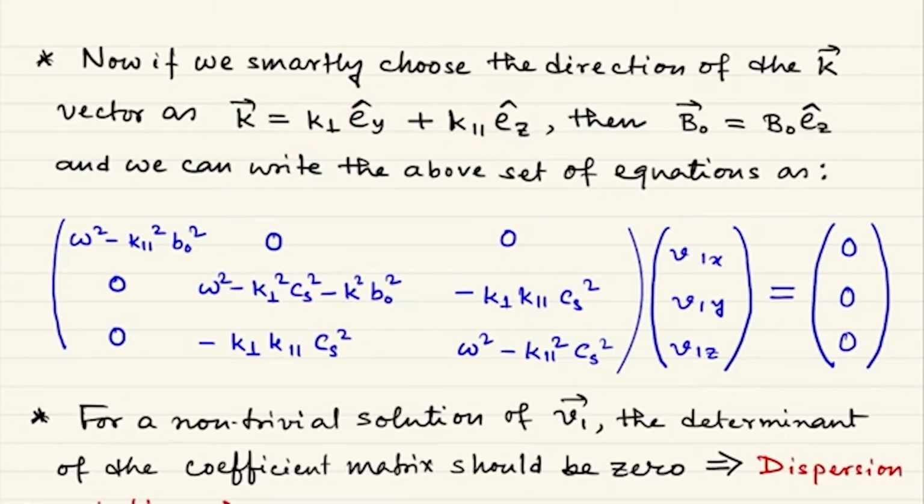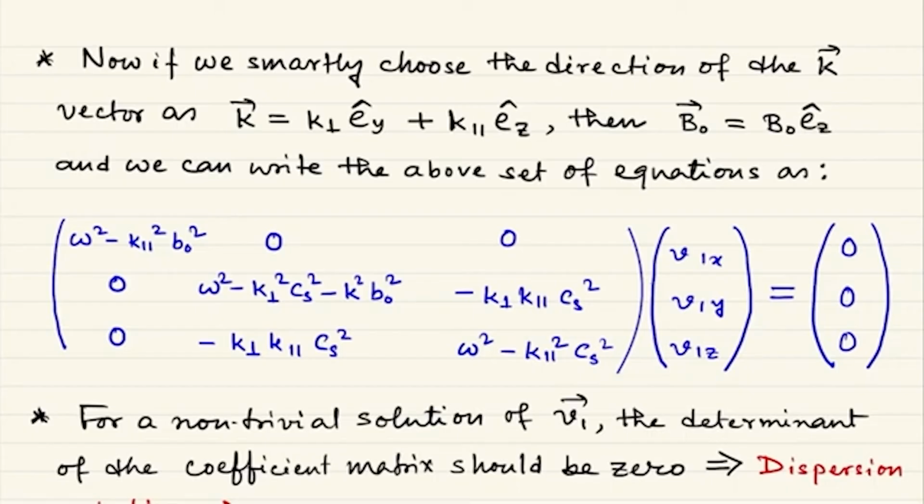That is why I am saying this is k parallel, because the parallel sign comes when it is parallel to capital B0 or small b0. Whatever, that is not a problem because both have the same direction here.